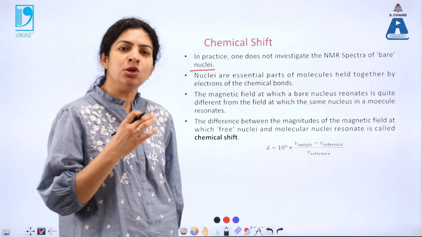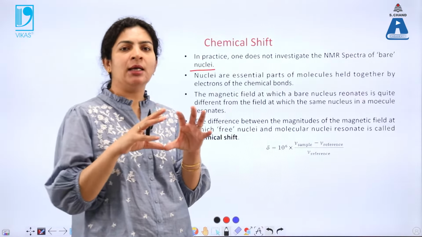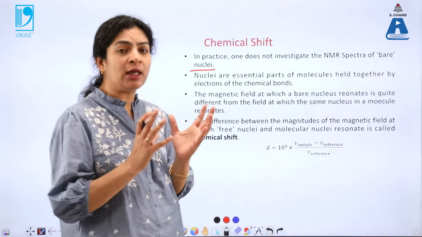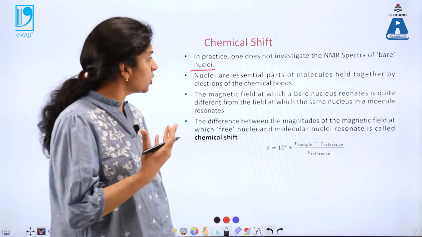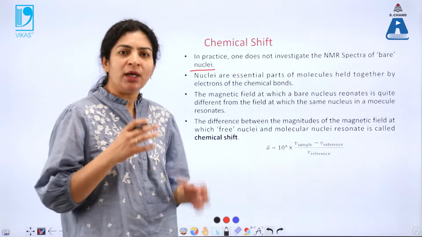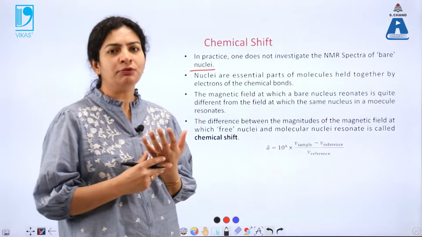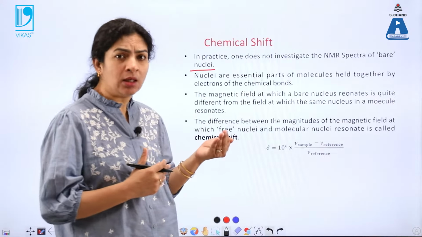But when this nucleus is part of a molecule, it is surrounded by so many other atoms, and there are so many electronic and inductive effects which affect the absorption of this nucleus. So in a nutshell, the chemical environment of this nucleus affects the position of the signal.